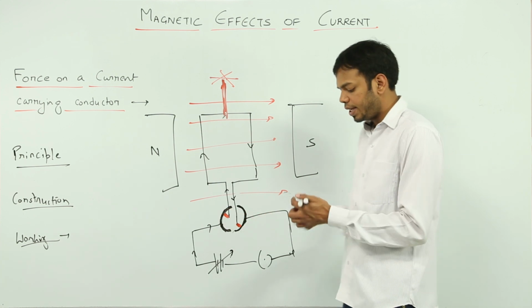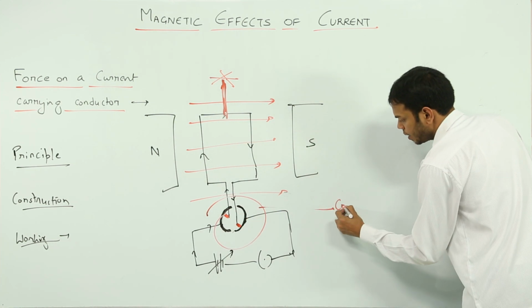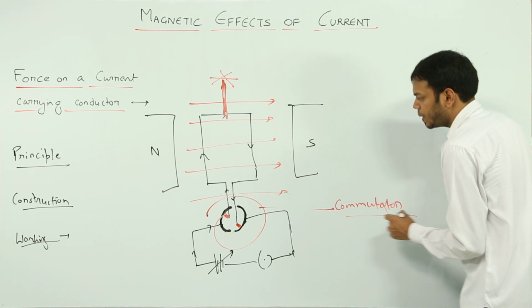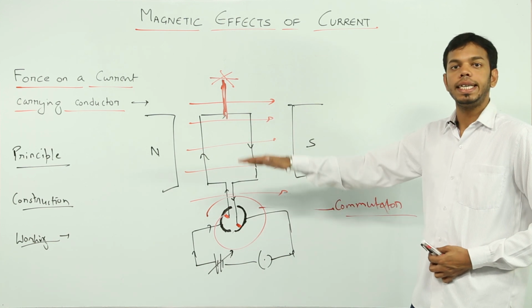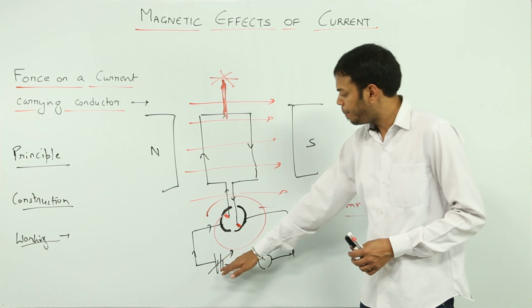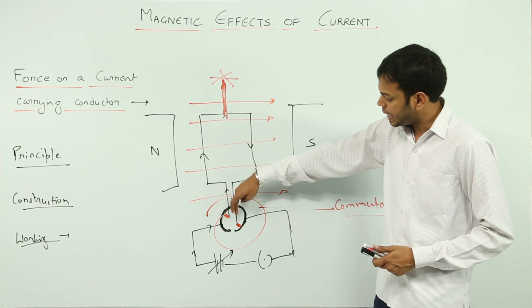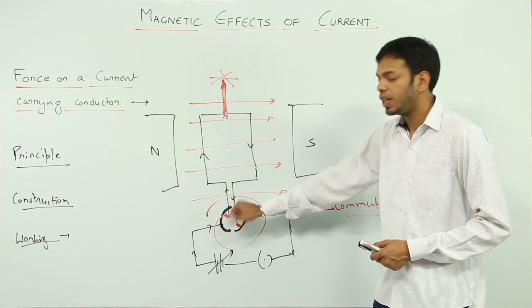Third is this, called the commutator arrangement. This commutator arrangement provides a constant connection from the battery to the loop. How? As soon as this wire finishes off with half of the ring, it goes in contact with the other wire.